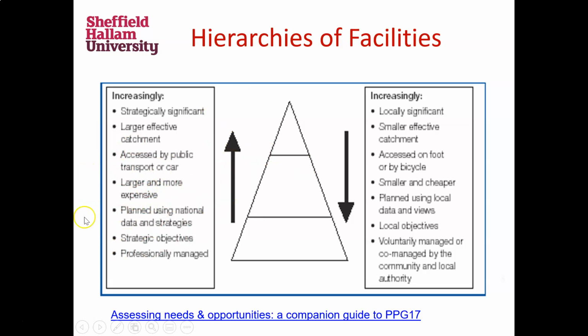So quite often these kinds of facilities are built based on the needs of sport national governing bodies rather than local communities. So it's how this fits into a sports strategic plan rather than the needs of local communities. Okay, so that's how we define these facilities towards the top end of the hierarchy.